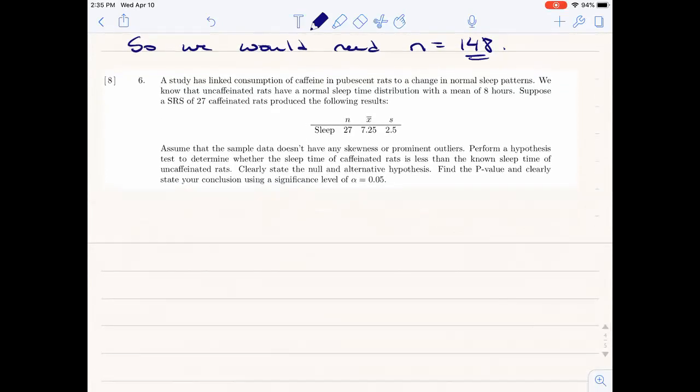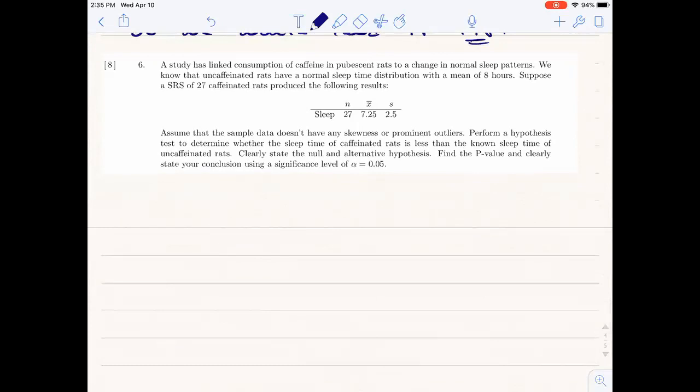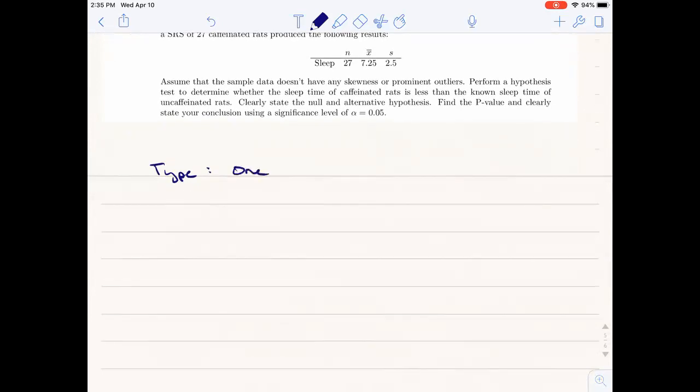Okay. And so what do we have here? Again, we just have one sample of caffeinated rats, and we want to compare the sample mean to some value. So for our type here, we've got one sample mean, sigma unknown, because our standard deviation is just from the sample of caffeinated rats.